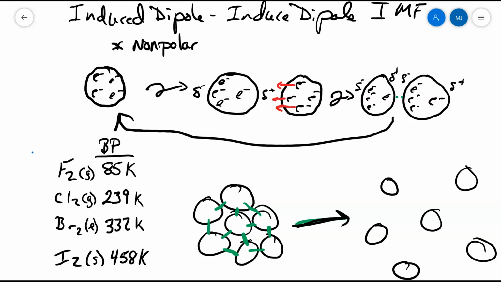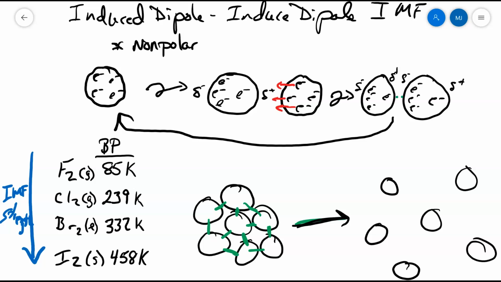So as the boiling point increases as I go down this table, I know so does IMF strength. The strength of the IMFs in iodine are far greater than those in fluorine.